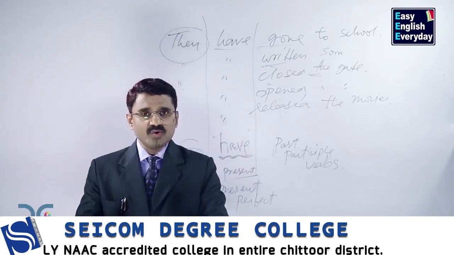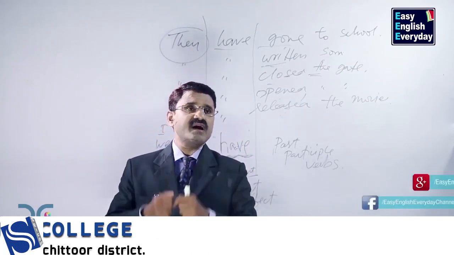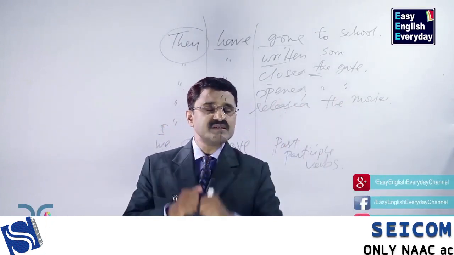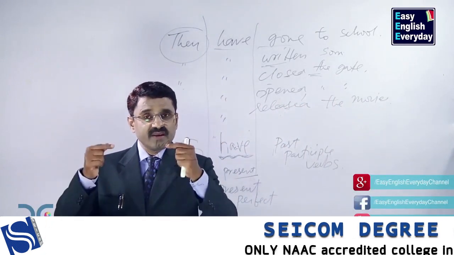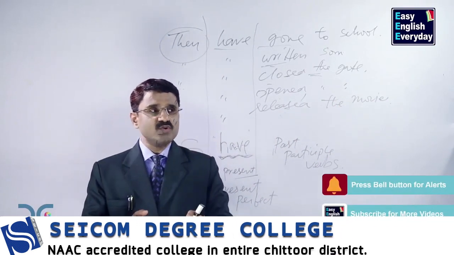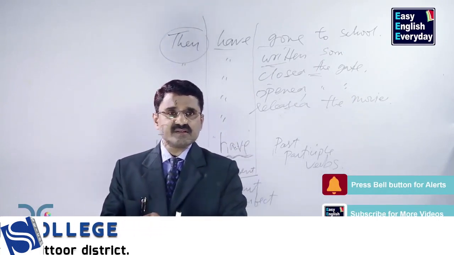So the action is over, but we are talking about the result of that action. They have released the movie. This sentence should be said when the movie is running in the cinemas now. They have released the movie, meaning the movie is there, running in the cinemas.